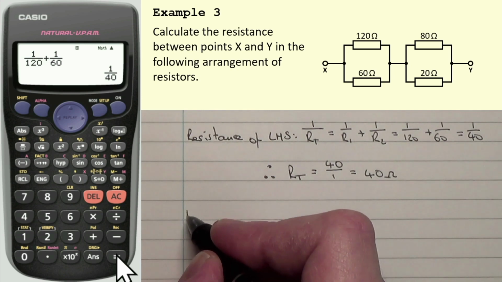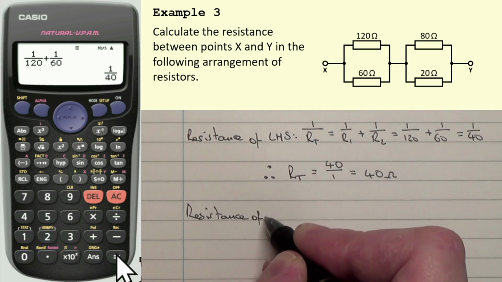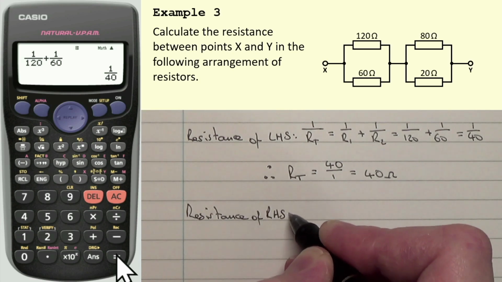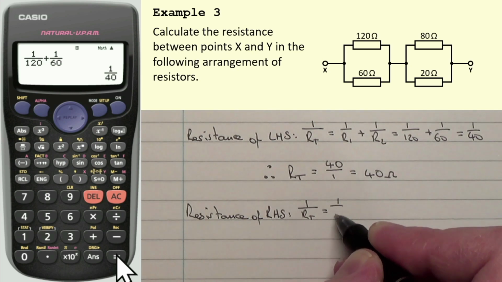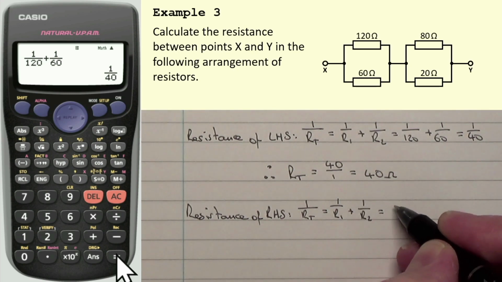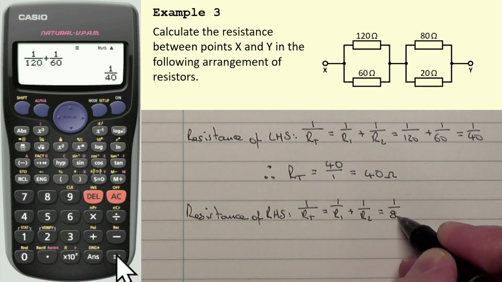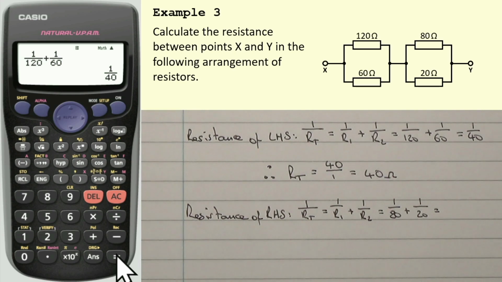Now what I'll do next is I'll work out the resistance of the right hand side branch. And again, I'm writing this equation, 1 over RT is 1 over R1 plus 1 over R2. In this case, that's 1 over 80 plus 1 over 20.